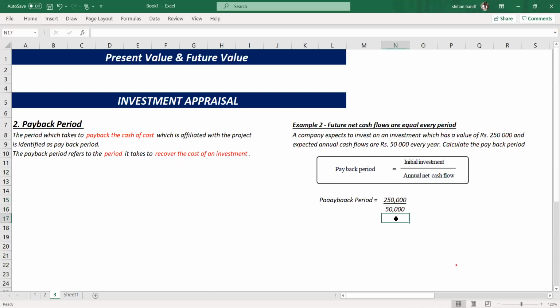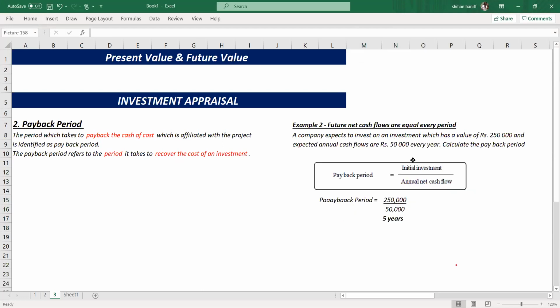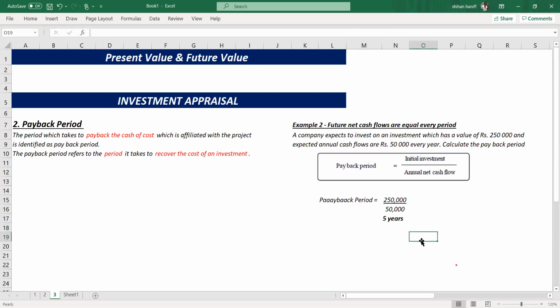Answer is 5 years. If the future net cash flow is equal, you can directly divide by annual net cash flow.